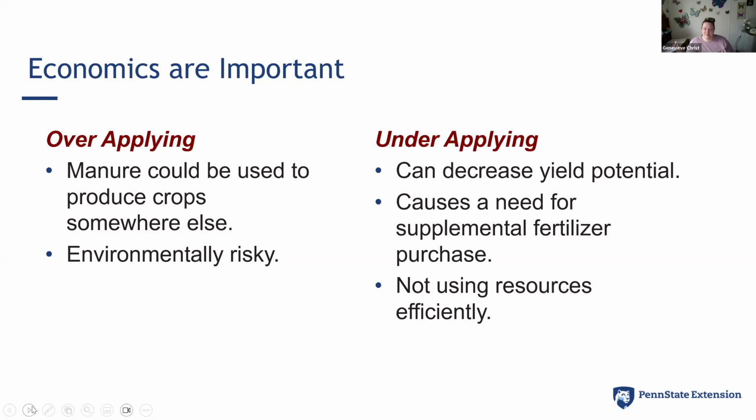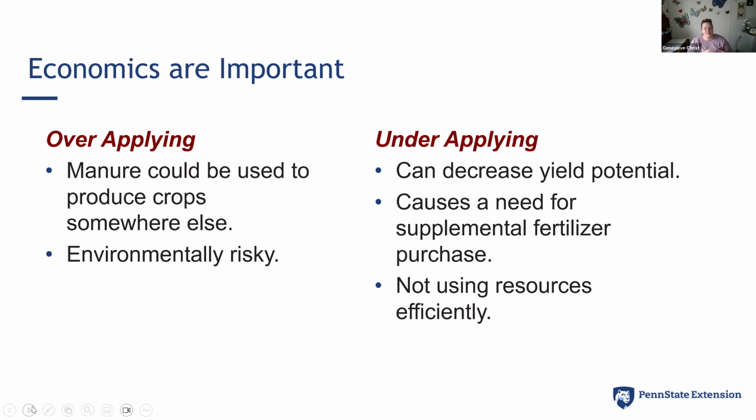But on the other side of that is sometimes we're actually under applying our nutrients. And this is going to decrease the yield potential of the farm. It can cause the need for supplemental fertilizer to be purchased. And then we're not using those resources efficiently.